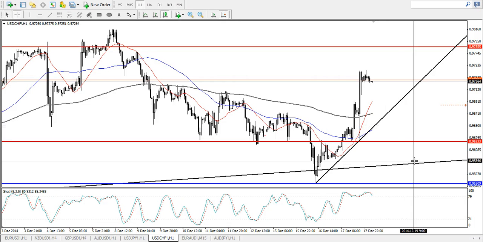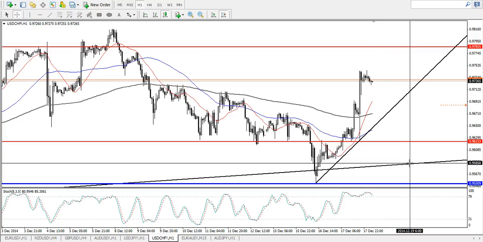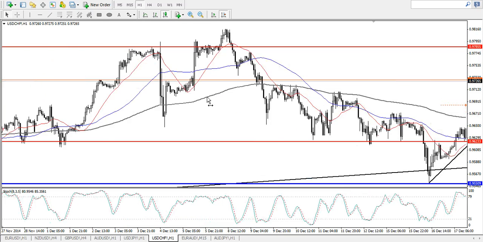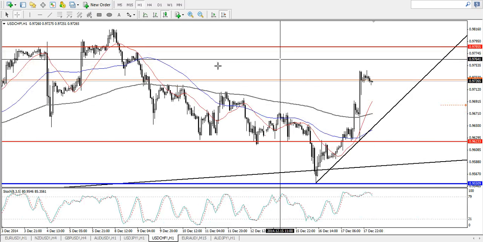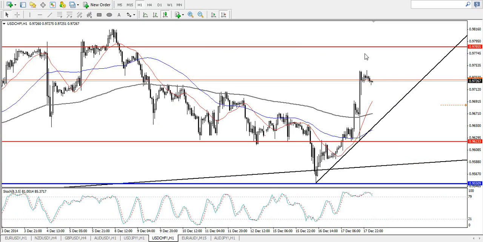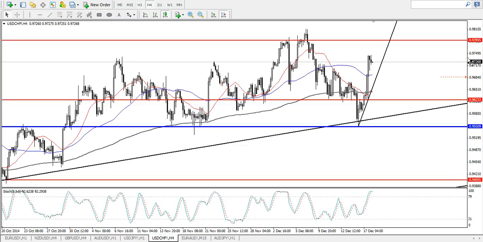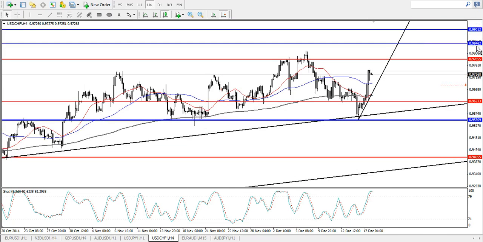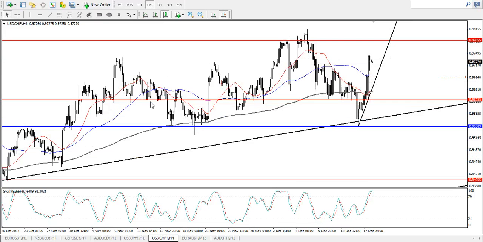And of course, the next after this level would be back to the top of the previous rising trend channel to go for a long. And on the upside, we'll look at 0.7855 as the first resistance level, followed by 0.9846, the first exhaustion level, followed by 0.9901. So that's for the dollar against the Swiss franc.